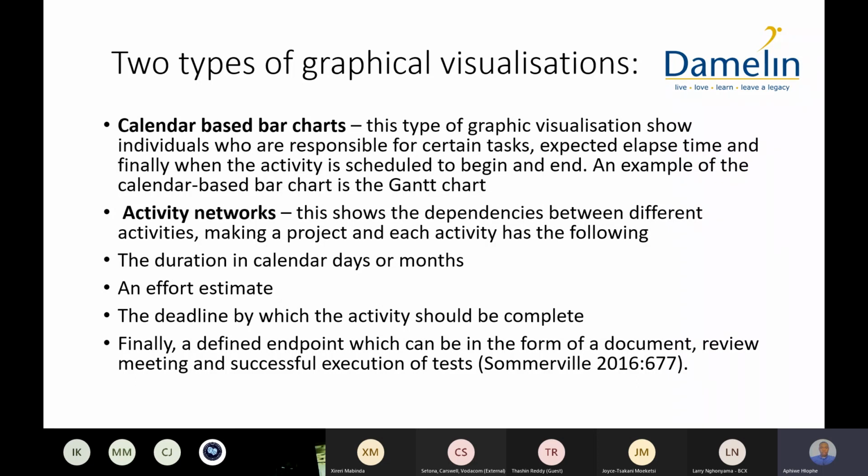So we start with the WBS, and then we put the WBS tasks in one of the calendar-based bar charts, such as the Gantt chart, and also activity networks and PERT, which are examples of good scheduling tools which show us the duration of activities, when an activity will start, when it will finish.